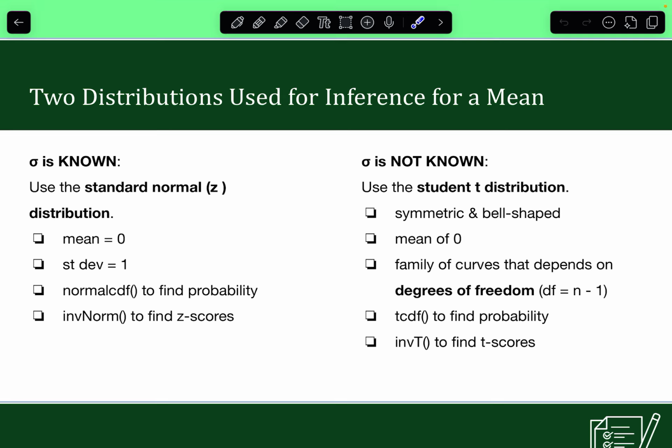But its standard deviation is bigger than the standard normal curve, and that spread of the t-distribution depends on something called the degrees of freedom. And for inference for a mean, a single sample question, the degrees of freedom is sample size minus 1.